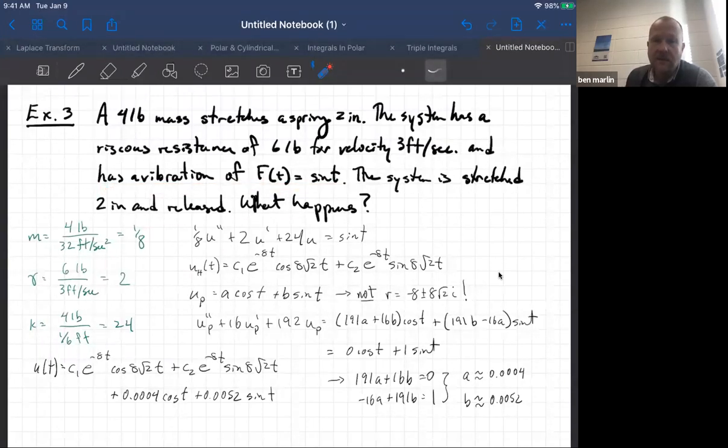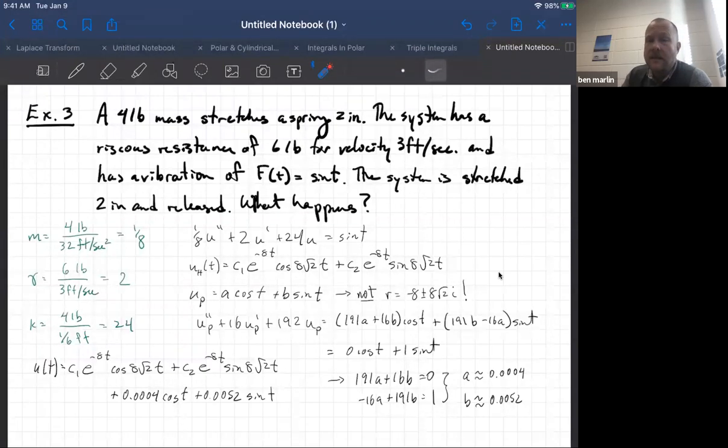So the forcing function is just going to be this sine t over here, right? And we knew how to solve these problems already. We can use the solution from the previous page for our homogeneous portion of the solution. But then for our particular portion, we're going to say a cosine t plus b sine t.